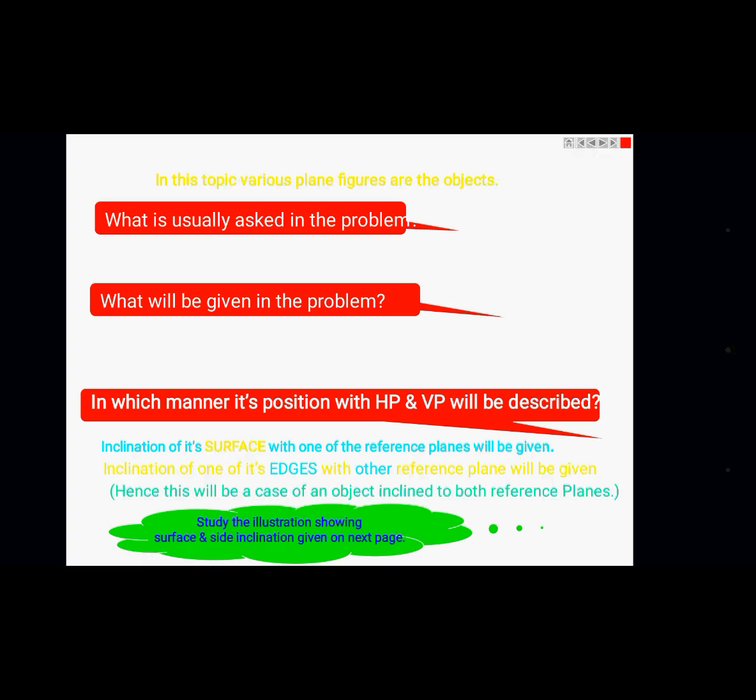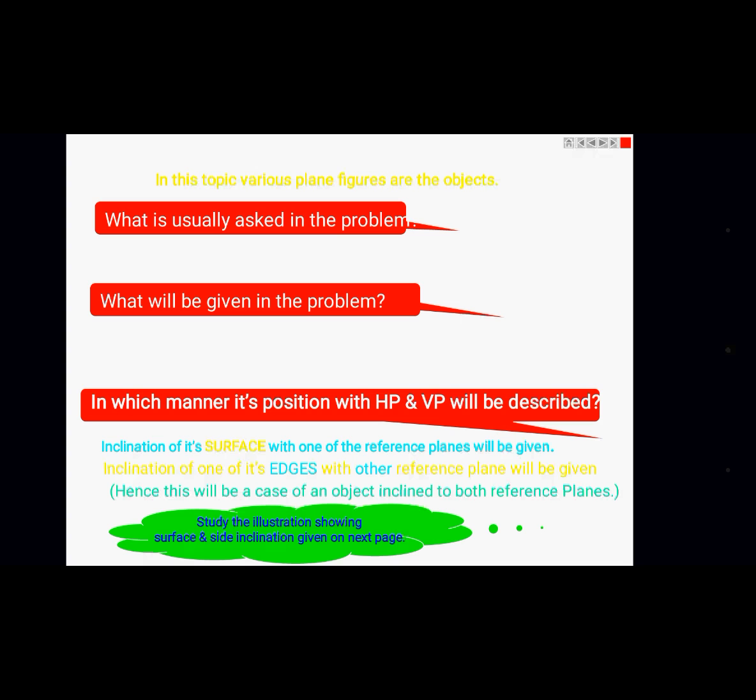Similarly, you find the reverse if you place the lamina on VP, the second category. If you rest the lamina on the vertical plane, the front view of the lamina will be a regular shaped lamina and the top view will be a horizontal line. For the same example, if you place the triangular lamina on the opposite vertical wall, the front view will be a regular shaped triangle and the top view will be a horizontal line.